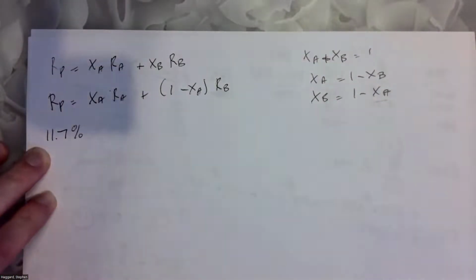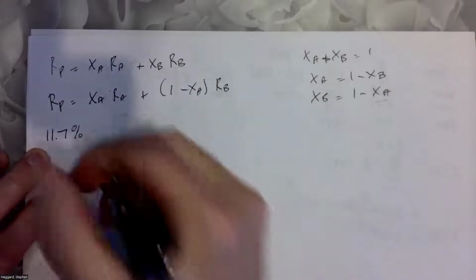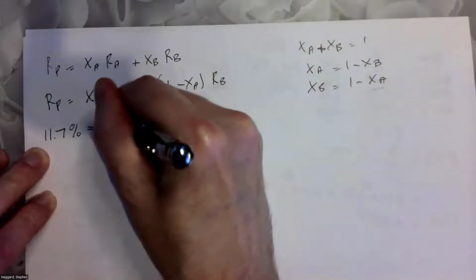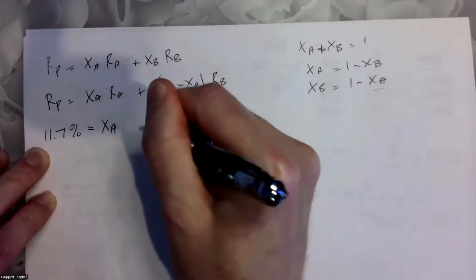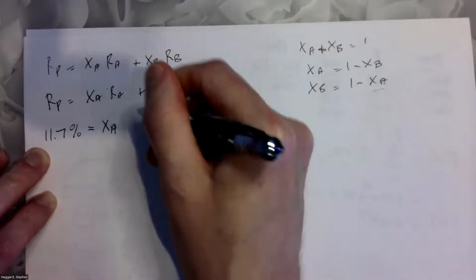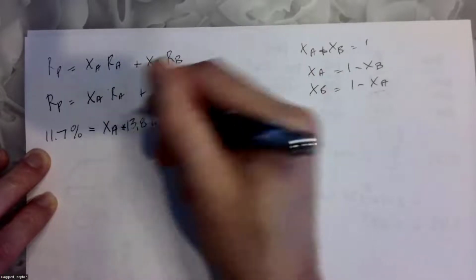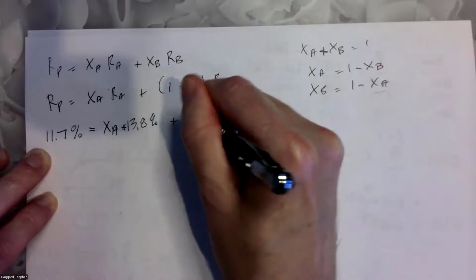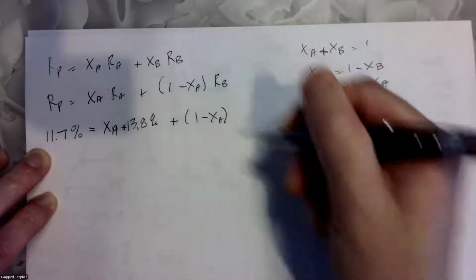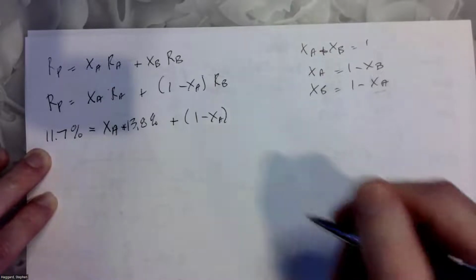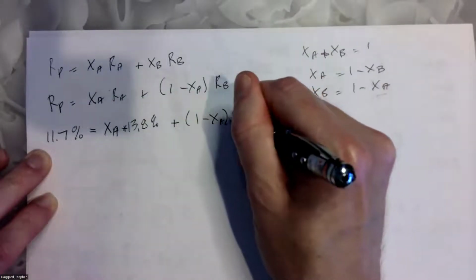And in this case, we can use percentages, but you could use decimals if you're more comfortable. We don't know XA, but we do know the return on A, which is 13.8%. And then we have 1 minus XA times the return on B, which is 9.2%.